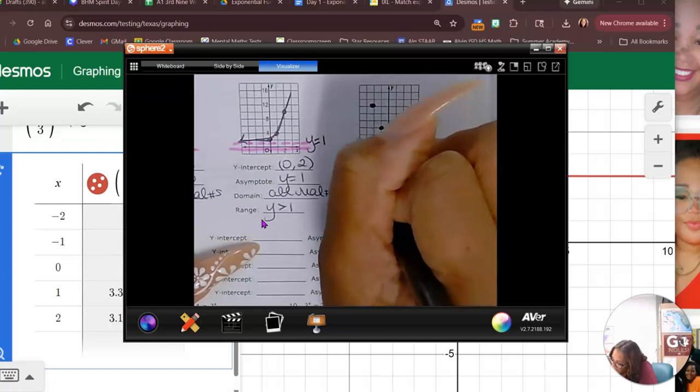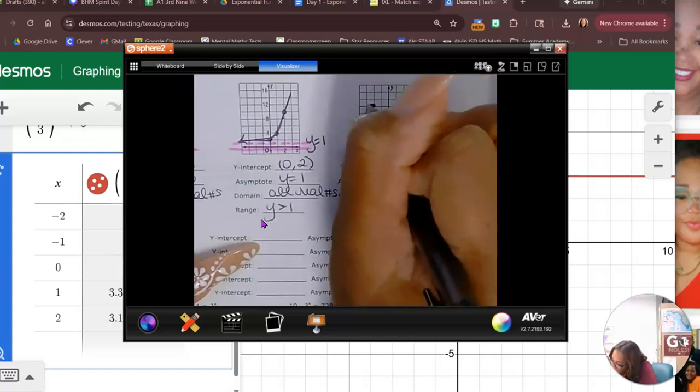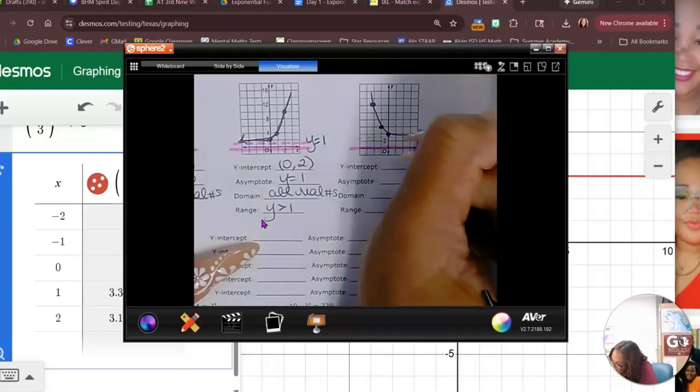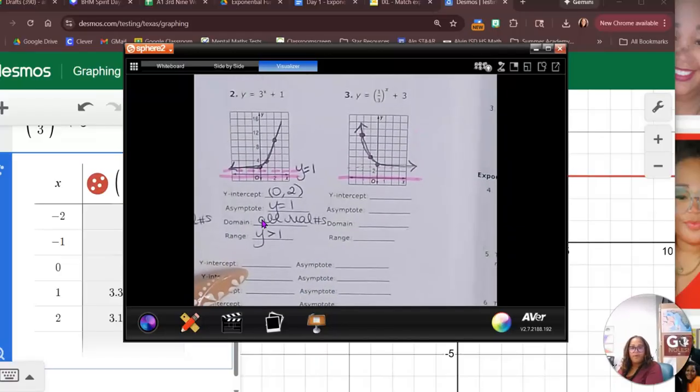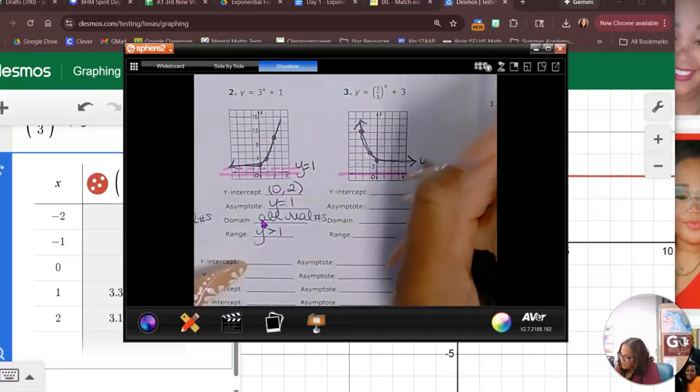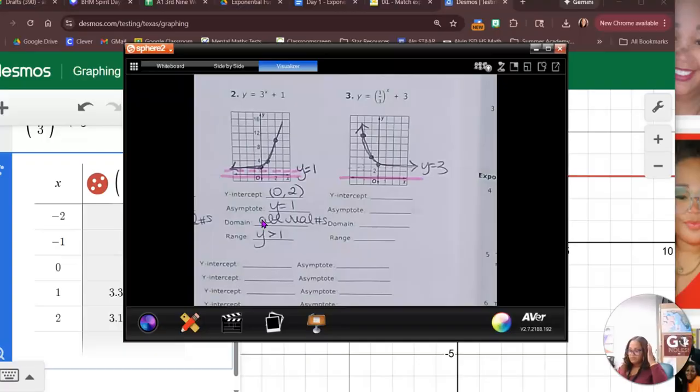And then my asymptote is right here, so it's going to go like this. Okay, and this is y equals 3.